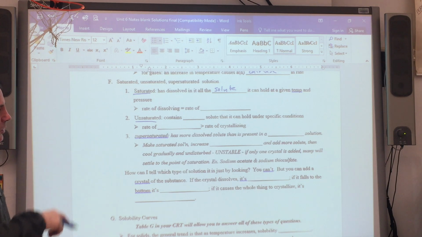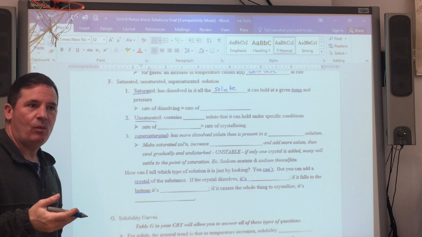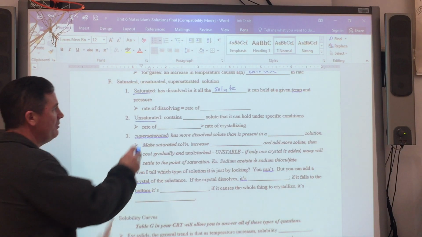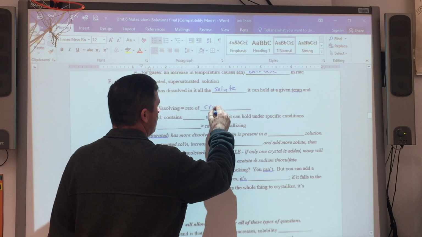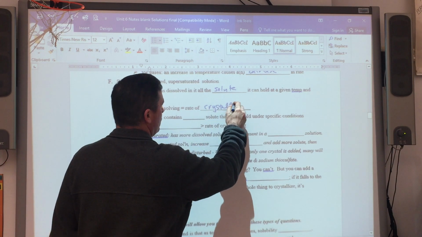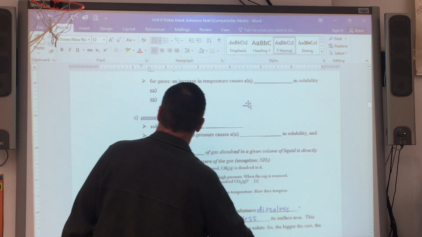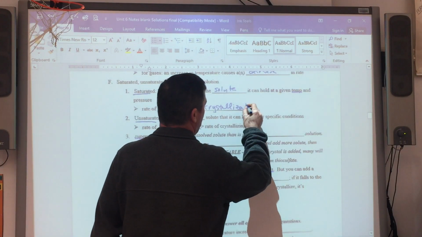It's a chart to show you at what temperature water can hold what amount. So when this happens, the rate of dissolving equals the rate of crystallization. I'll show you a little demo tomorrow.